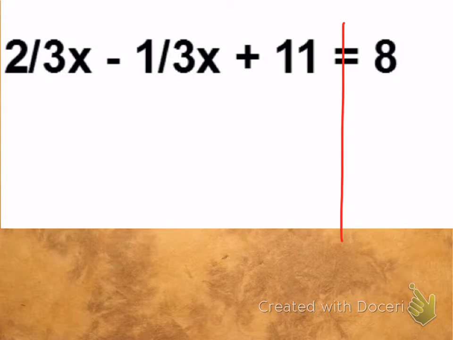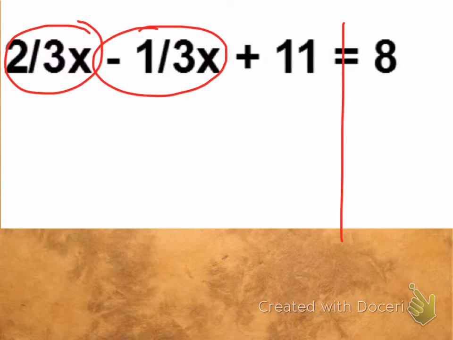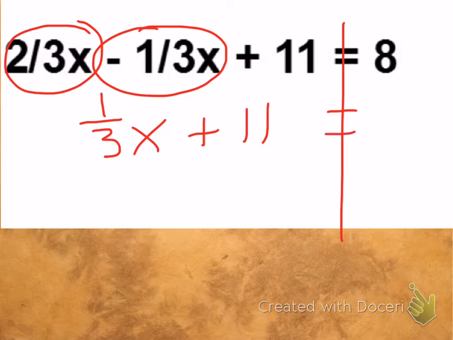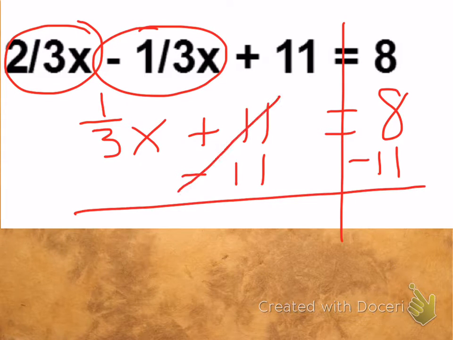This example, don't get thrown off because you see fractions. Let's take care of that first. So 2/3 minus 1/3 is 1/3 x. Then rewrite the rest of the problem. Plus 11 equals 8. Now we're going to subtract 11 from both sides. So that cancels out.